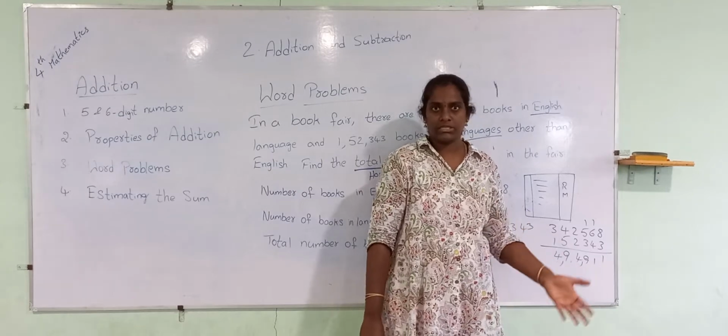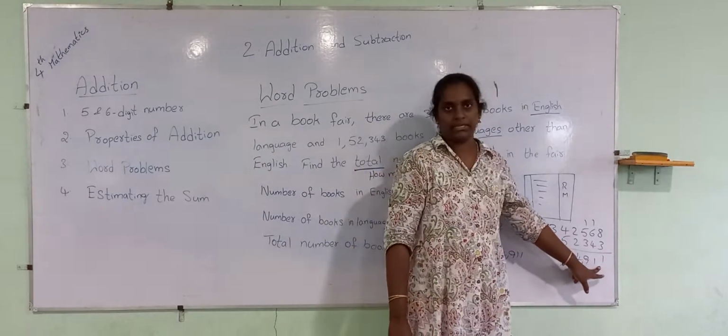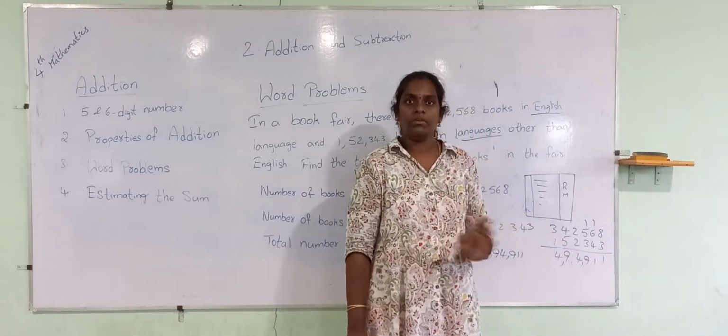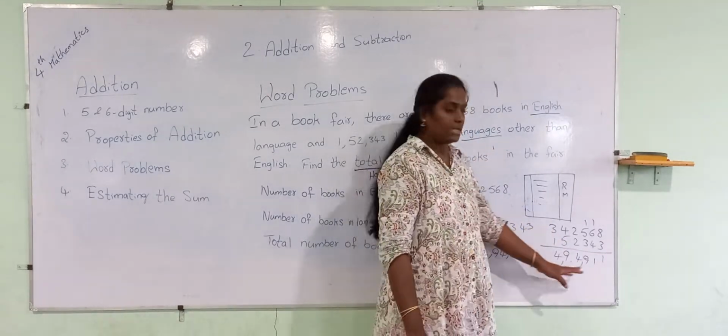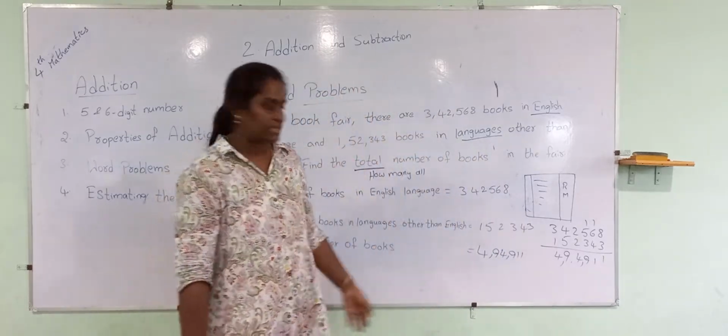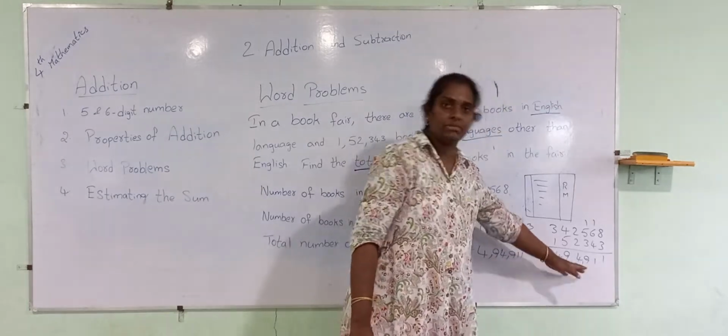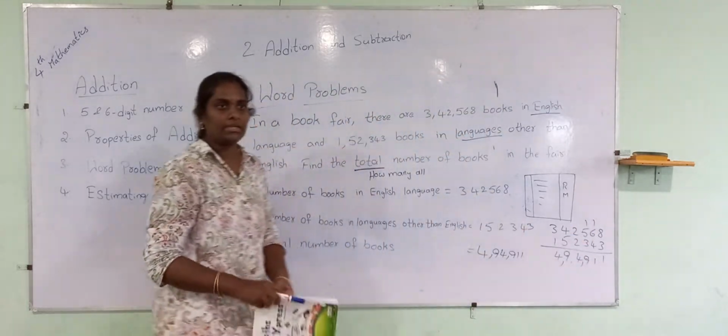If they ask nearest to 10, we do estimation for nearest to 10. If they ask nearest to 1000, we do the rounding to nearest 1000. That is estimating the sum. Sum means the result. That's it. That is the addition.